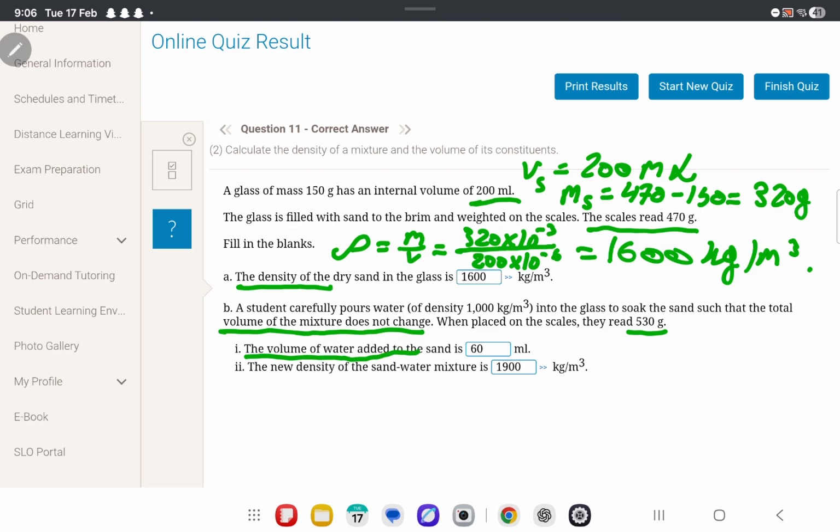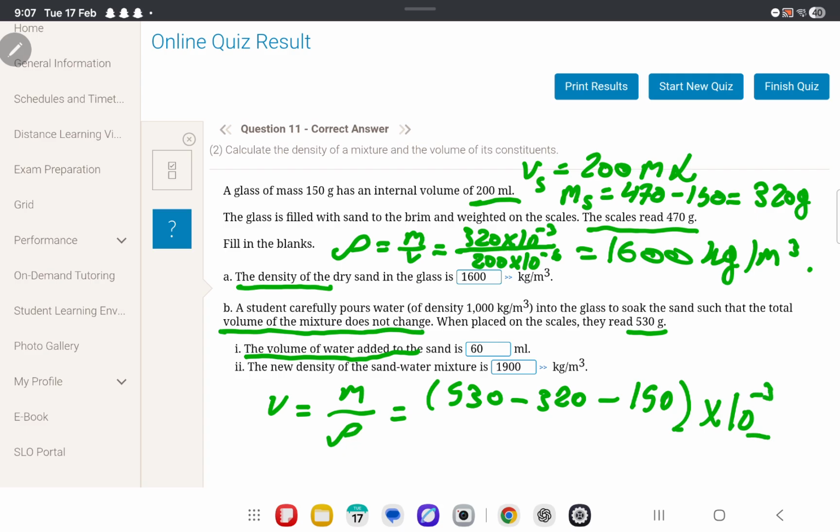Well, you know that density is mass over volume. So what does that mean? Volume is mass over density. Right? Now, what's the mass of water? It's going to be 530 minus the mass of the sand, minus the mass of the glass, which is 150, times 10 to the power of minus 3, over the density, 1,000.